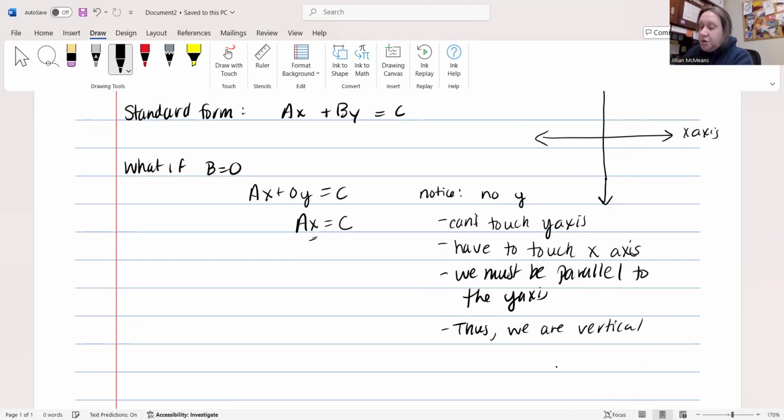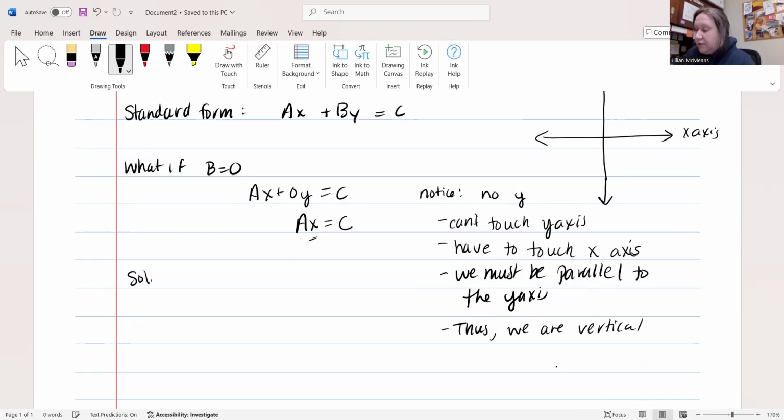So all you would do is notice there's no y, there's definitely an x. That means that we can't touch the y-axis, we have to touch the x-axis. The only way to do that in the Cartesian plane is to be parallel to the y-axis, which makes us vertical. Okay, so that's great. We know we're a vertical line. Where do we cross the x-axis?